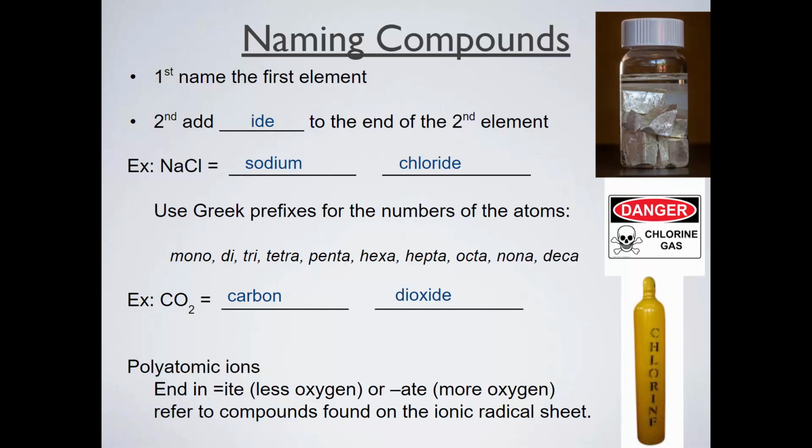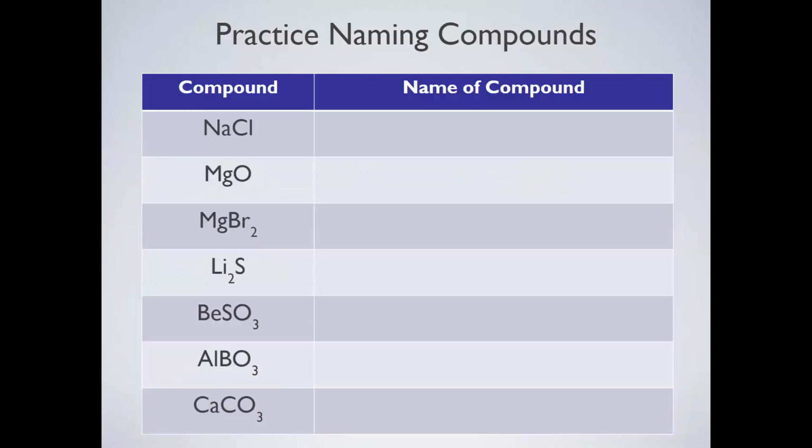Usually in those polyatomic ions, if they end in "ite," they have less oxygen in them. For example, look at nitrate and nitrite on your chart. What is nitrate? What's its formula? NO3. And nitrite? NO2. Right, look at sulfate and sulfite. SO4, SO3. So those terms mean something.